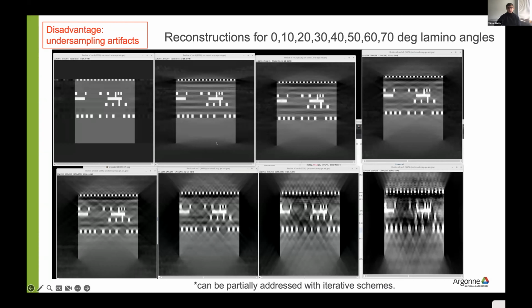These are the undersampling artifacts. And then if we increase the laminography angle to 40, 50, 60 degrees, the quality becomes really bad. But this can be partially addressed with iterative schemes that I'm working on now. So this is a disadvantage of using laminography, but you can still see that for small angles like 10, 20, 30 degrees, the quality is still okay.